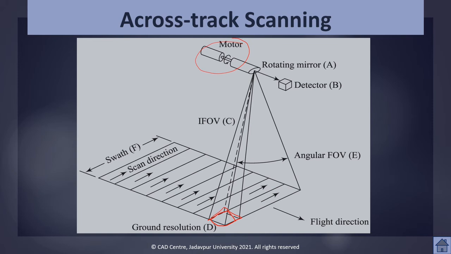Therefore the spatial resolution becomes coarser. Spatial resolution is not very good in such cases, but we have to understand that this is older technology. Earlier, in the first commercial remote sensing satellite, Landsat MSS, this technique was implemented, and later in several satellite series, as we have seen, they used this technique. But this is older technology, and nowadays across track scanning is almost obsolete.